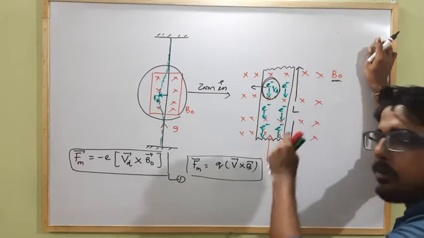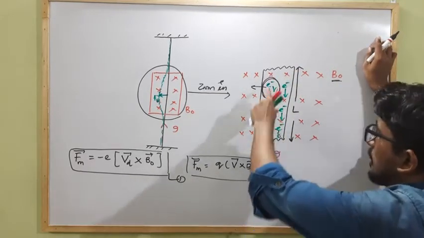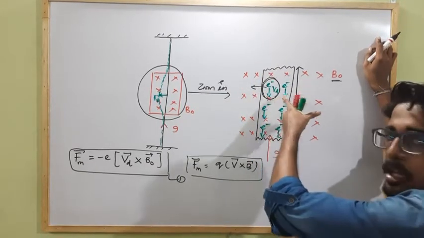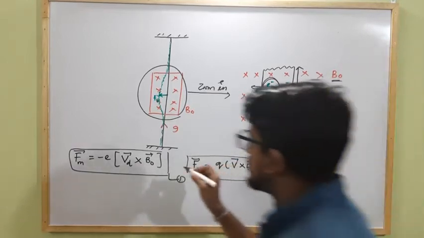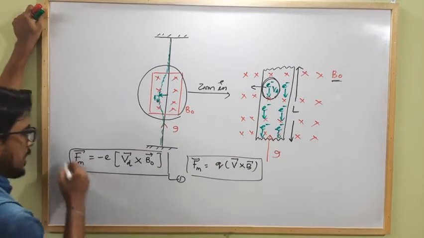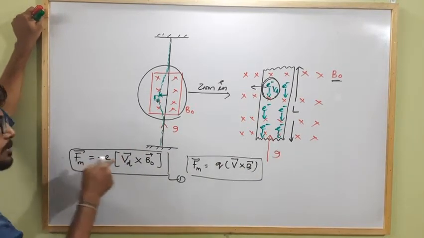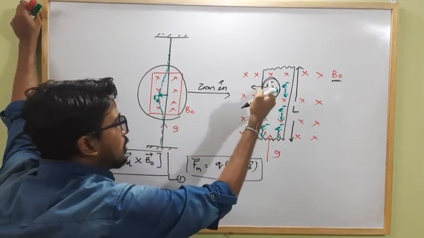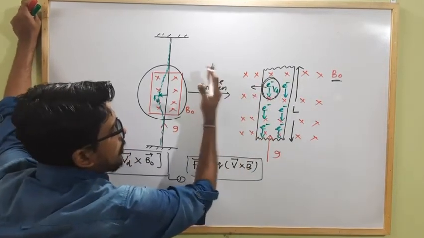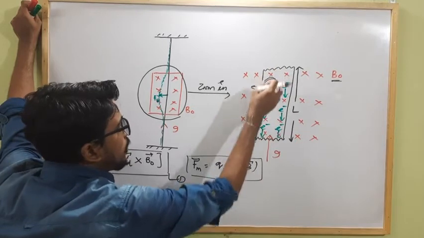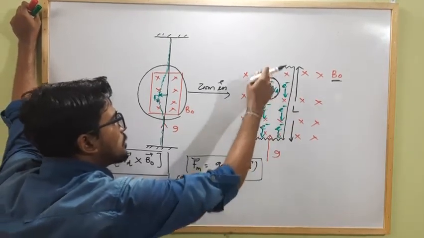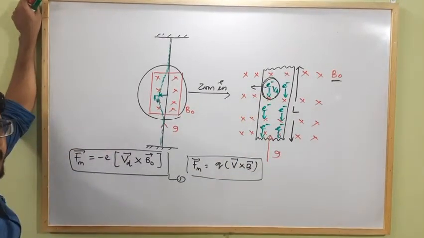So the net force acting sideways on the complete conductor of length L is how much? This is the force acting on the conductor's wall due to a single electron, because this is the force experienced by the electron, and the electron due to this force wants to move along this direction, but it cannot leave the current carrying conductor. That's why the force acting on the electron is transmitted to the wall of the current carrying conductor.